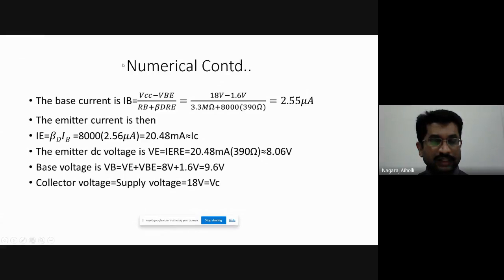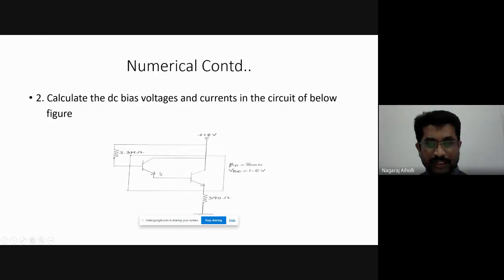Okay, fine. Next, calculate the emitter current. The emitter current formula is 1 plus beta into IB, but 1 plus beta is approximately equal to beta. Therefore, IE will be simply equal to beta D into IB. Here beta will be beta D because it is for the Darlington connection, two transistors connected in Darlington connection.